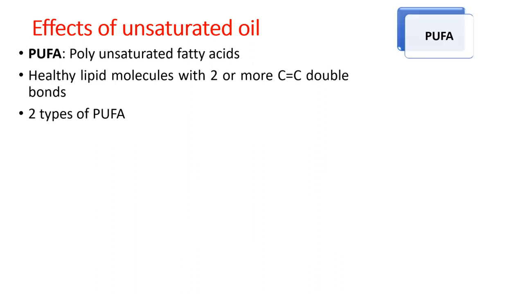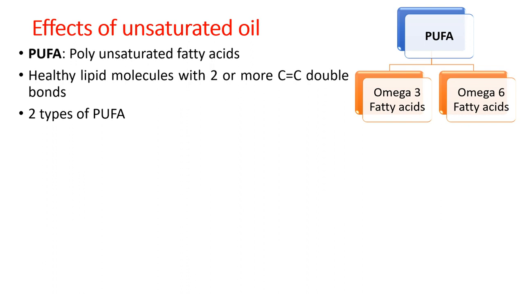There are two types of PUFA. One is called omega-3 fatty acids, which you all might be aware of. Then the next is omega-6 fatty acid. These are the basic PUFA oils present in our edible oils.